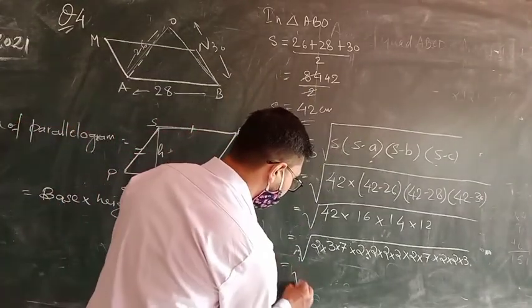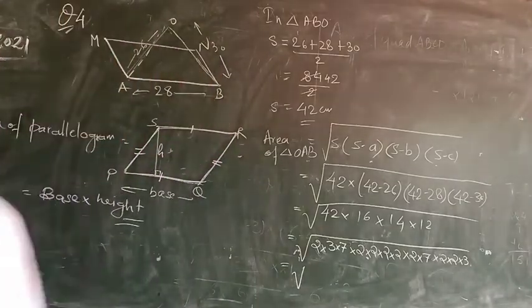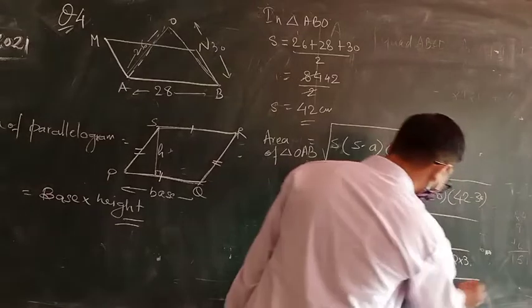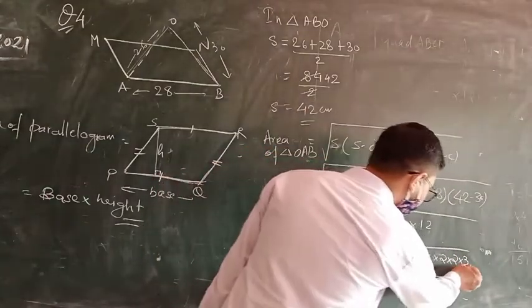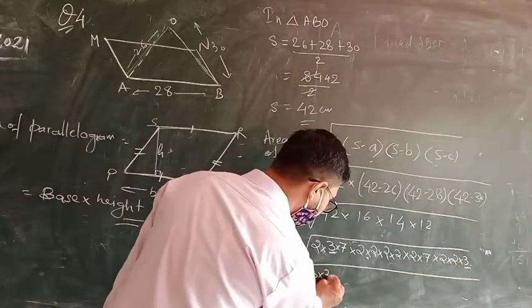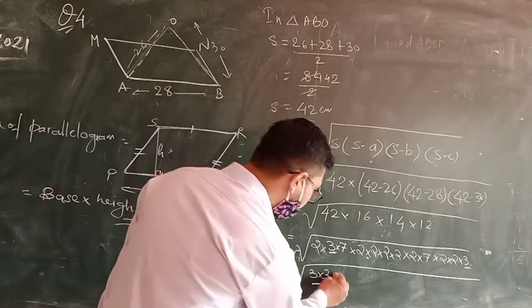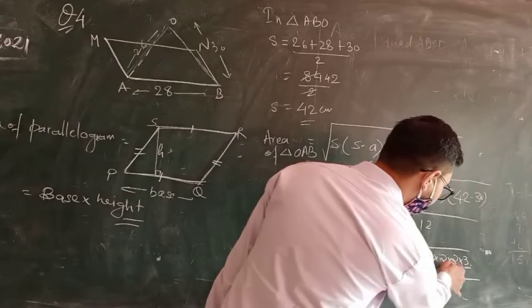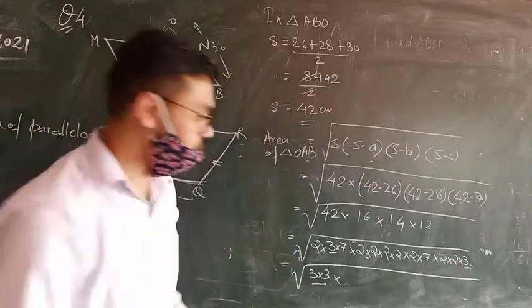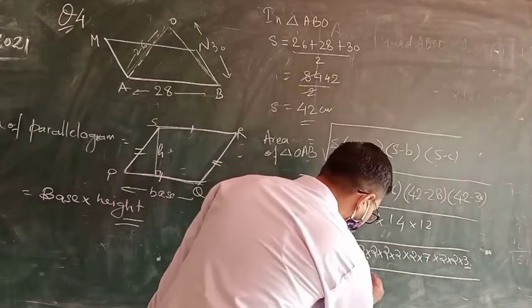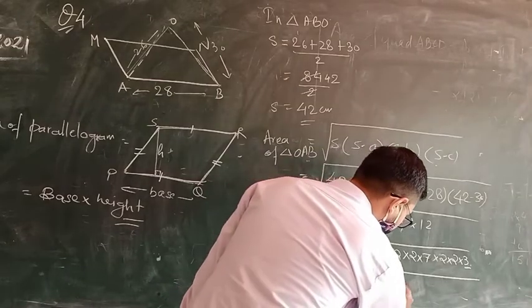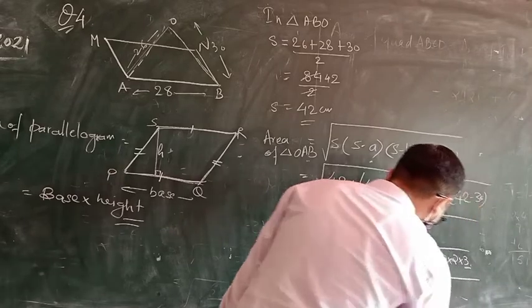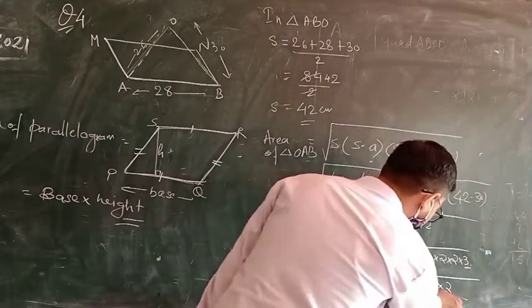So I can write 3 together, 3 into 3, I have one pair of 3. Now multiplying the 2s, I have 8 2's here. So how many pairs do I have? 1, 2, 3 and 4.